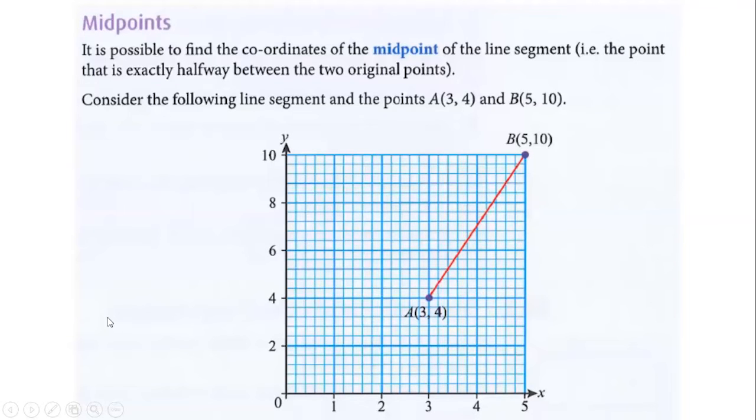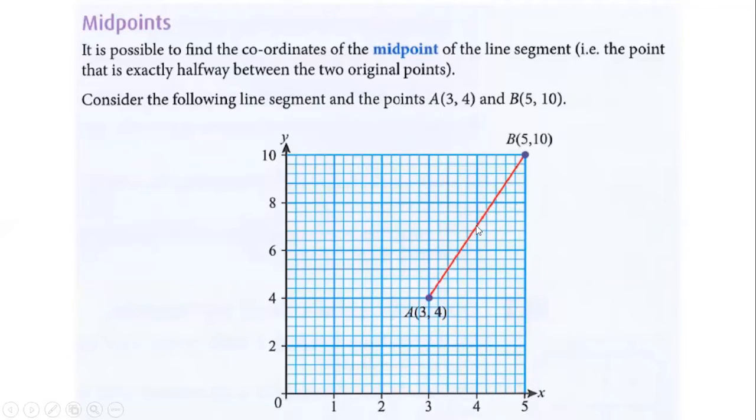What about the midpoint? So you are given this line segment AB and you need to find the coordinates of the point in the middle, the midpoint here, which are its coordinates. Actually, when you look at the x coordinates of the initial point and terminal point, 3 and 5, it's understandable that the midpoint should be here at 4.